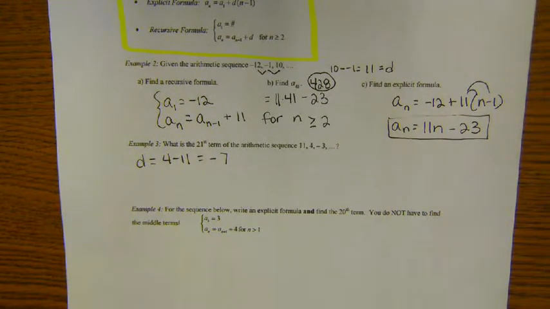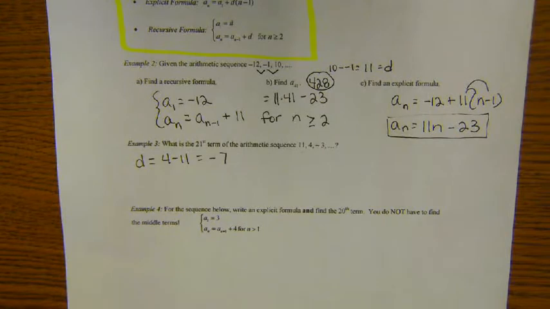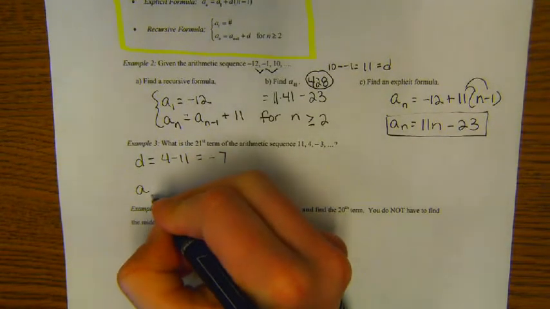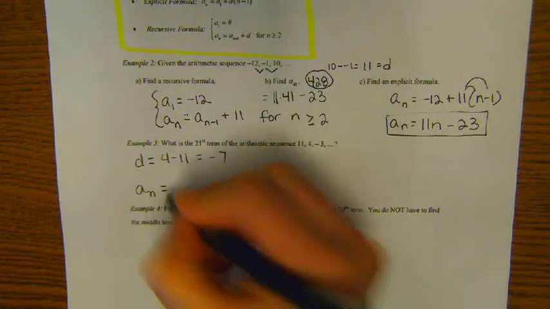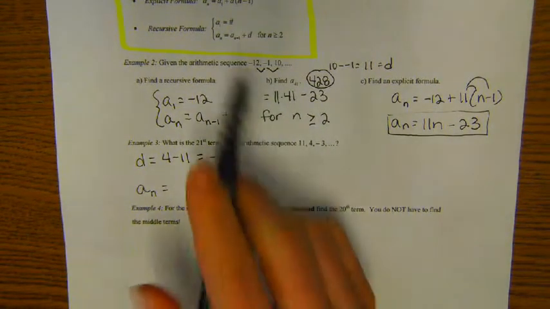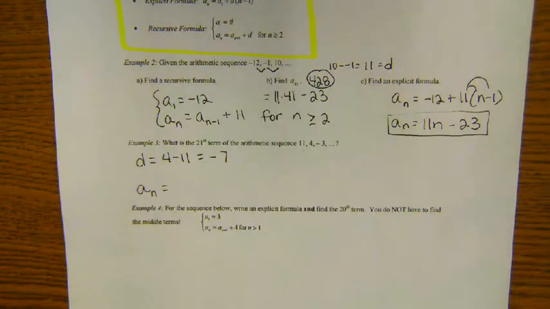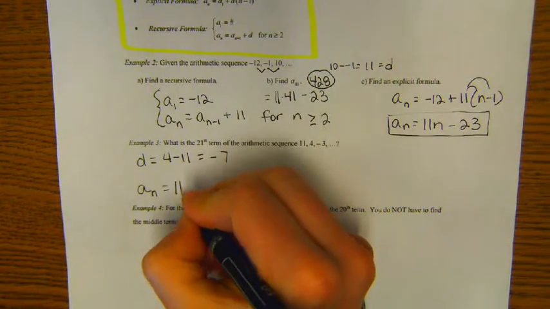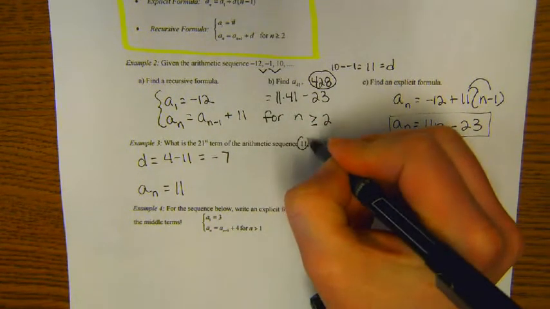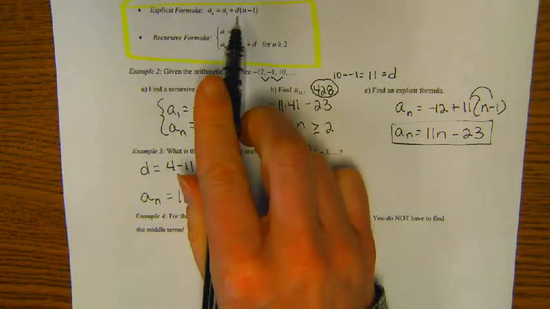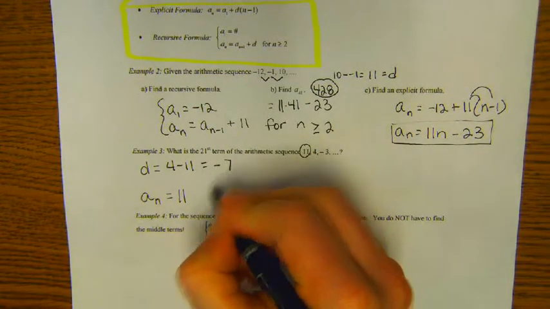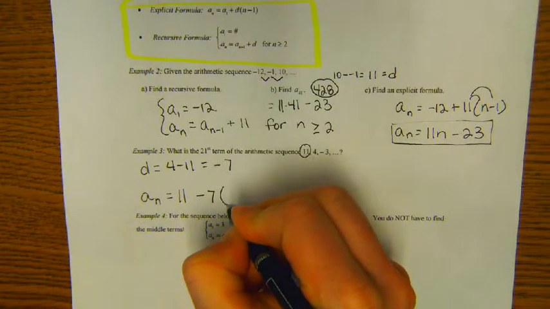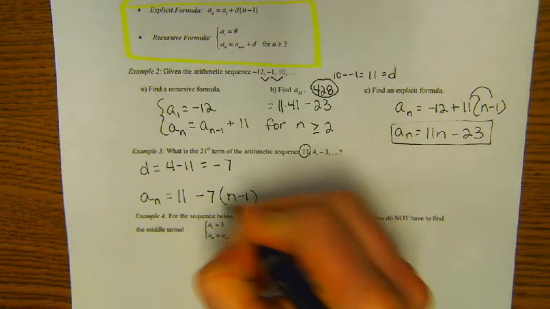So first let's write the explicit formula for that. So we write a sub n equals, we need the first term, so we're going to write 11, so that's my first term, plus the constant difference, or common difference, so that's going to be plus a negative 7, or minus 7, times n minus 1.